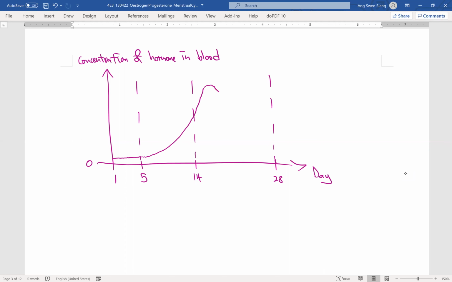Then it will very slowly go down. It should peak after ovulation. Why? Because of the function of progesterone. If you have any question, you can stop me. Don't be afraid to ask questions.